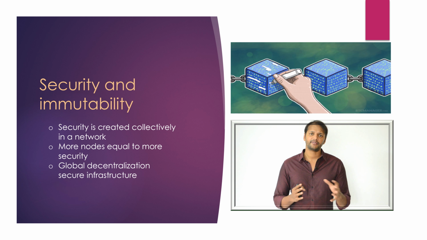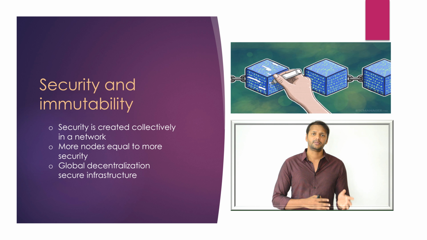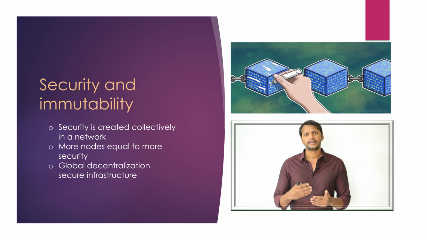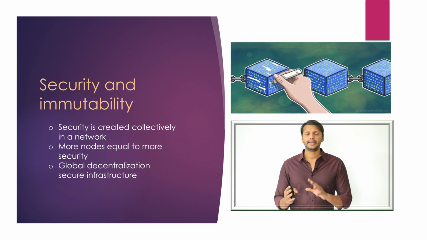So blockchain gives you one of the best securities available, because it is immutable. What does it mean? Anything you do in a blockchain, any transactions or events, cannot be changed, cannot be tampered with. So that gives you the immutability feature of the blockchain, where everything that is said and done is written there forever.